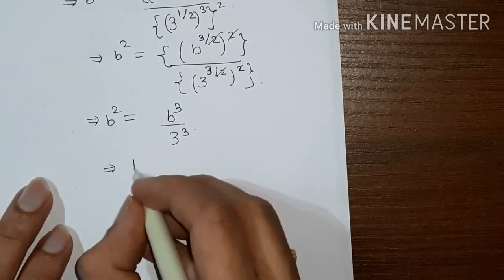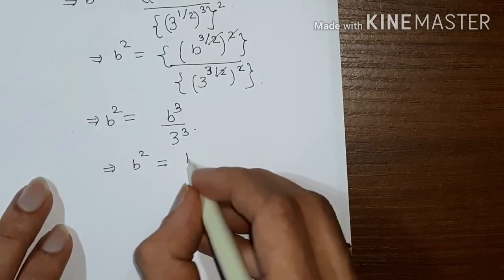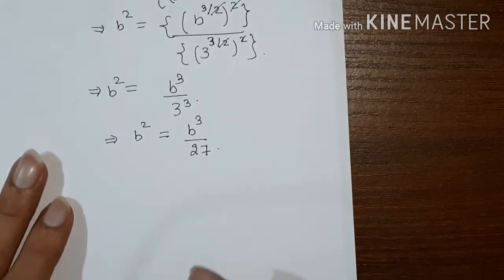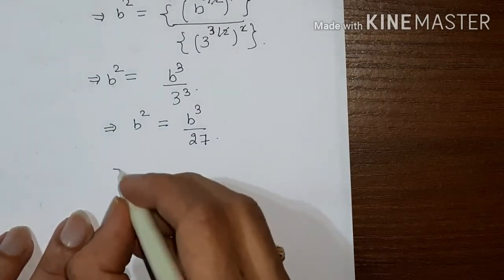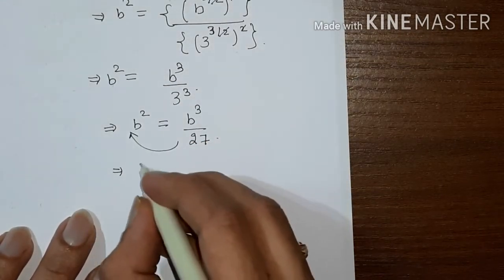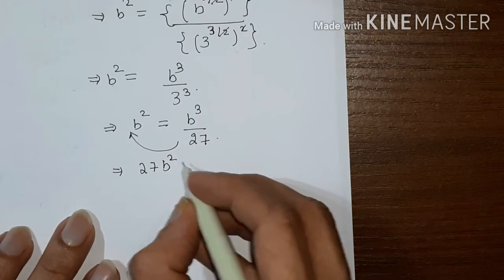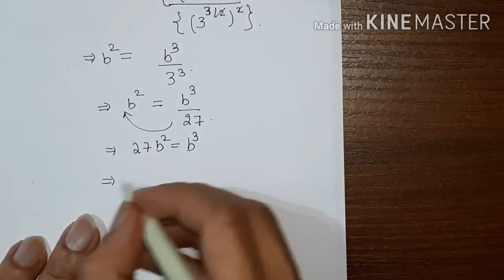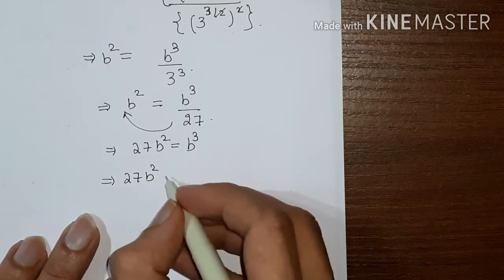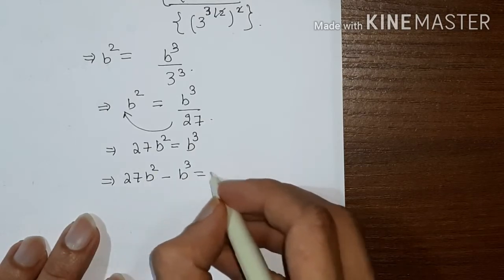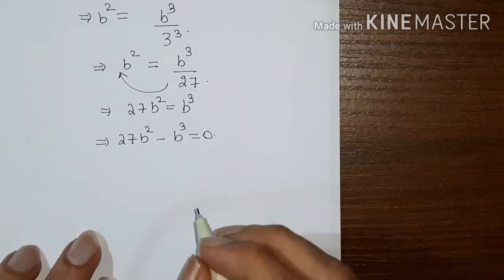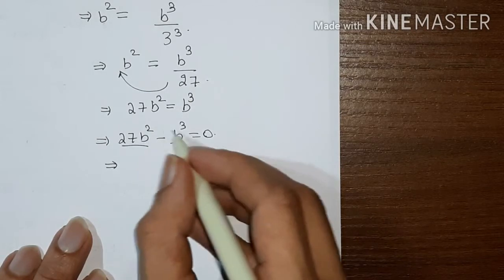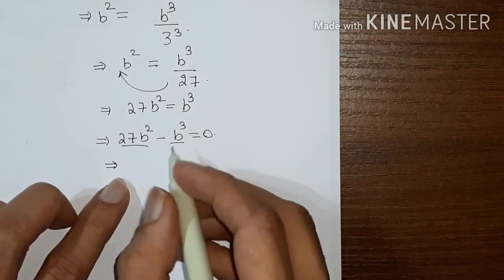So that is nothing but b square is equal to b cube divided by 3 cube, which is 27, right? So if I take 27 on this side, you will get 27 b square equal to b cube. So that means 27 b square minus b cube is equal to 0. Now from these two terms I can take b square common.